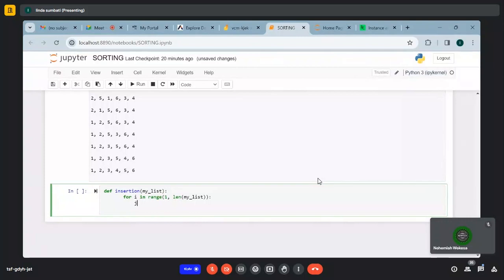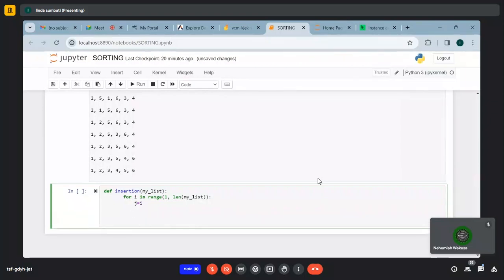So we can say maybe if j is equal to i, then while j minus 1 is greater than, here should be my list.